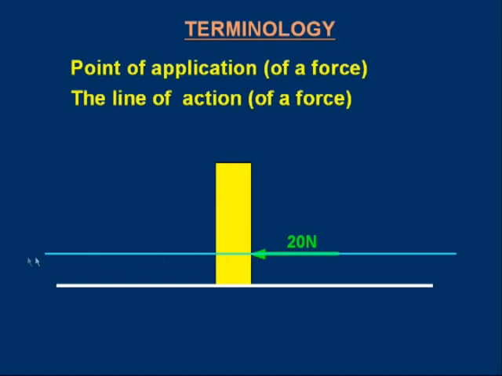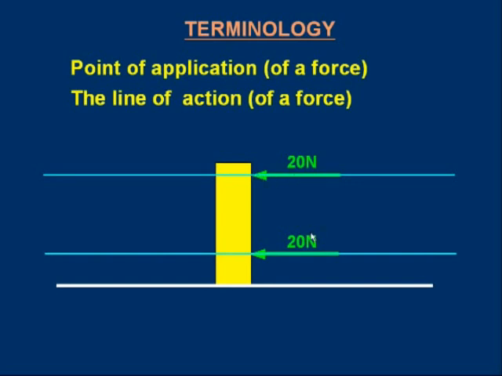And this is a very useful concept, the line of action of a force. Because if you look at another force, 20 newtons to the left, in terms of magnitude, it's all the same. But it's got a different point of application and certainly a different line of action. The point of application is here, and the line of action will be that.